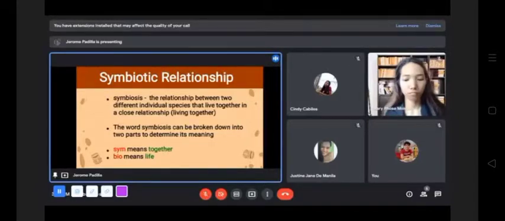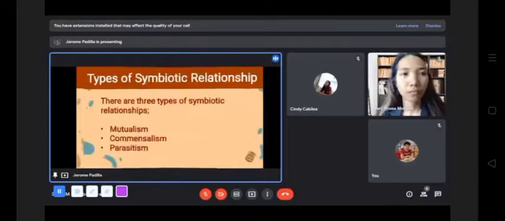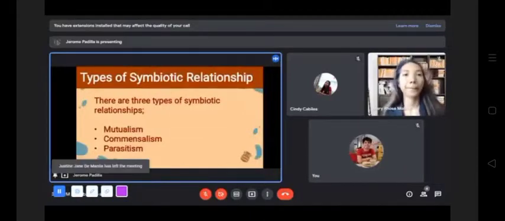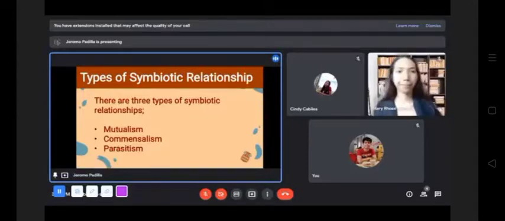The word symbiosis can be broken down into two parts to determine its meaning: sym means together, and bio means life. There are three types, or in other books five types. For today's discussion, we are just going to cover three types of symbiotic relationship.